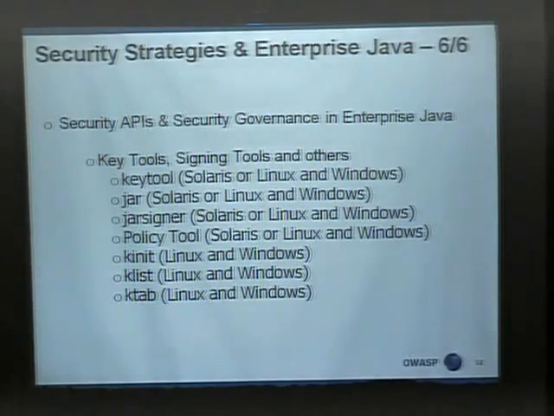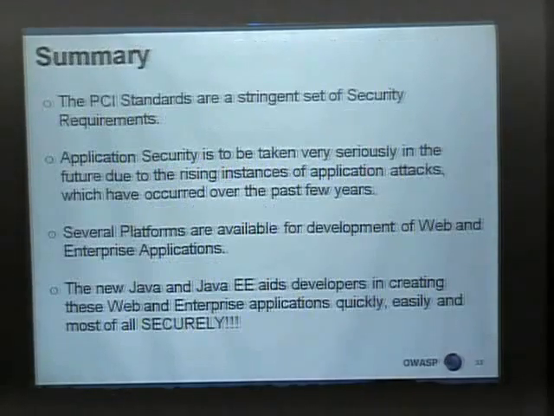These are available on almost all the platforms, and they do follow the compliance requirements stated by PCI. So with this, I am going to wrap up this particular talk.